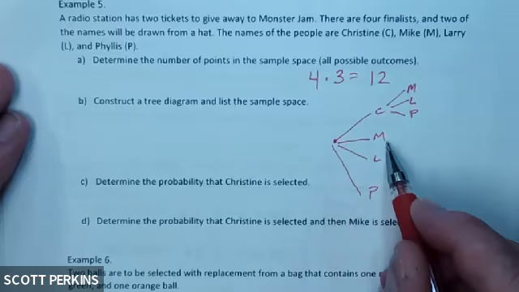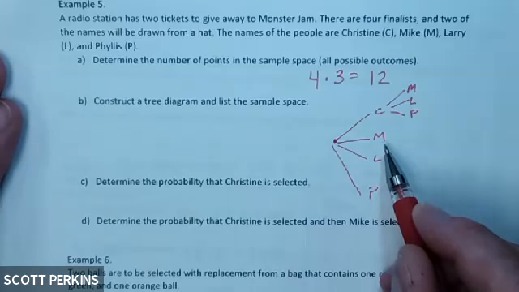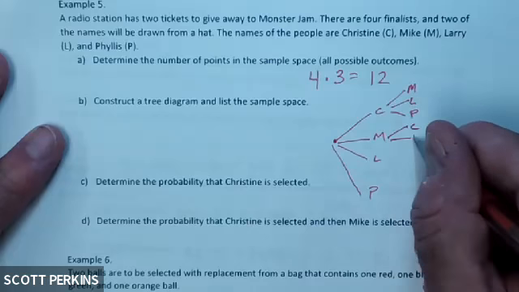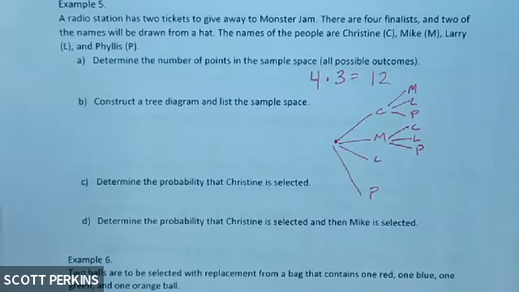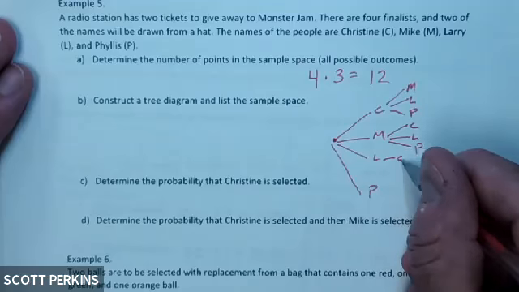If Mike wins the first time, what are the possibilities for the second set of branches? C, L, P. Fantastic. If Larry wins, what are the options for the second ticket? C, M, P.